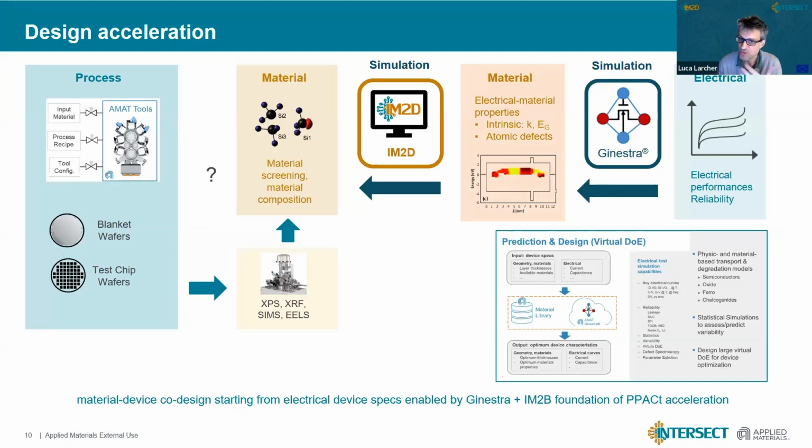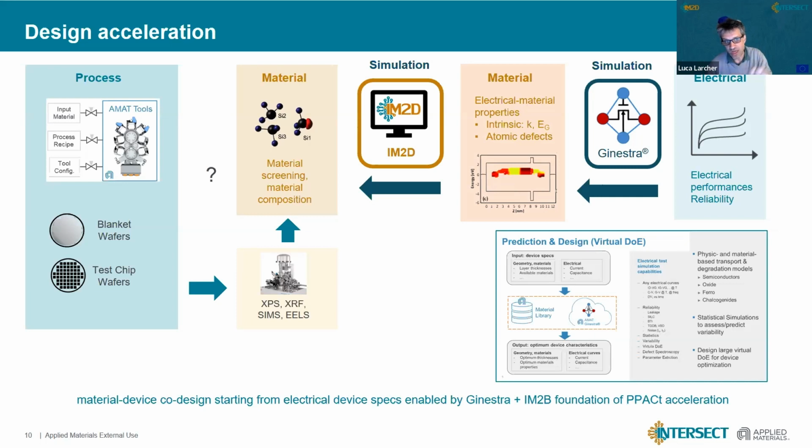The second component, which is always very key, is how to use this box to accelerate the design. Again, what we should do here is start from the right-hand side, from the electrical performances that we would like to have in our devices.